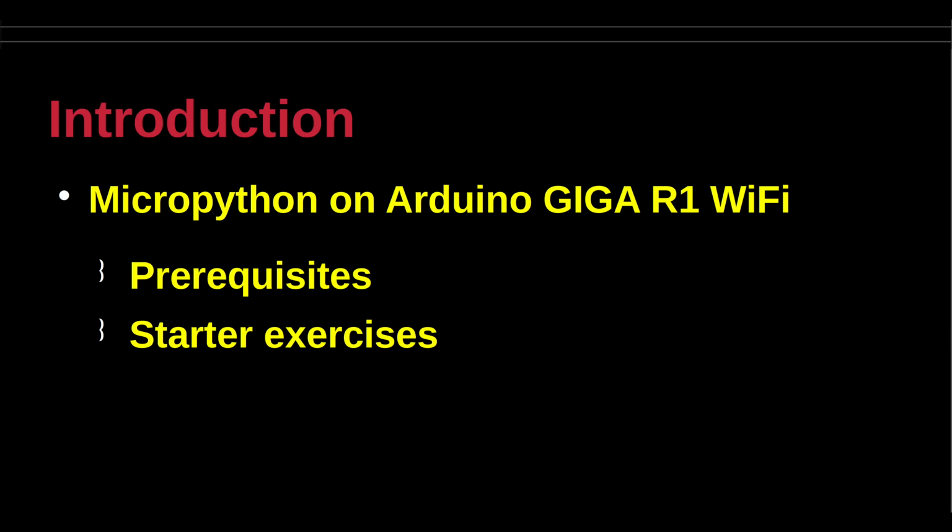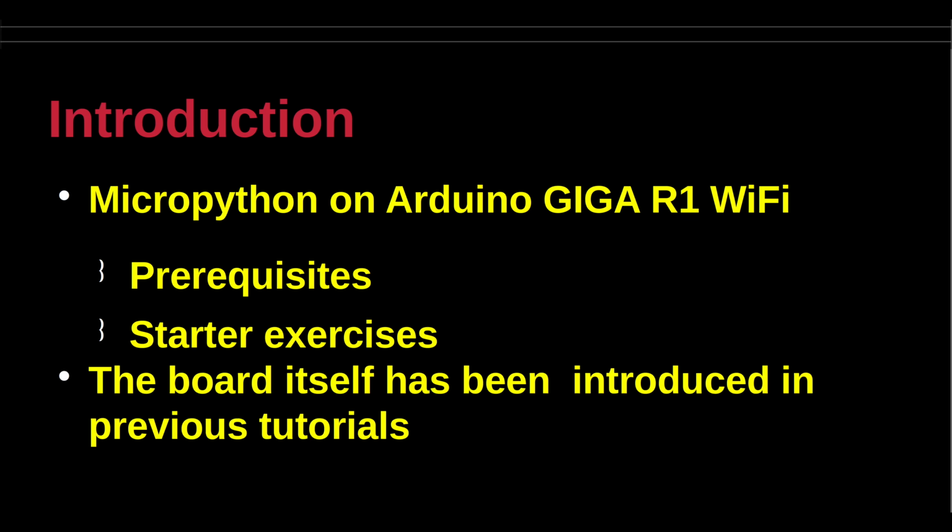The key steps in this tutorial are: flash the firmware to run MicroPython scripts and run some simple examples. A previous tutorial covered the basic features of the Arduino GIGA R1 WiFi board.